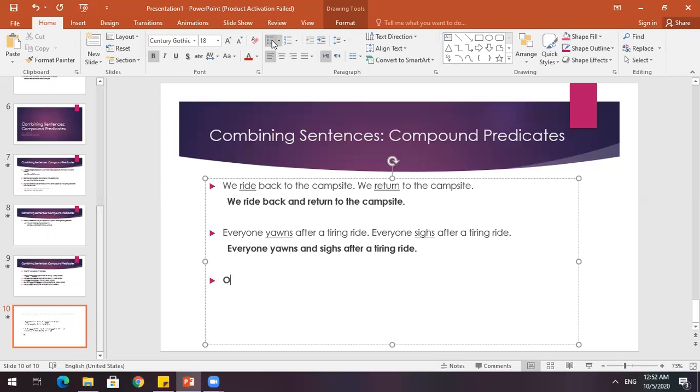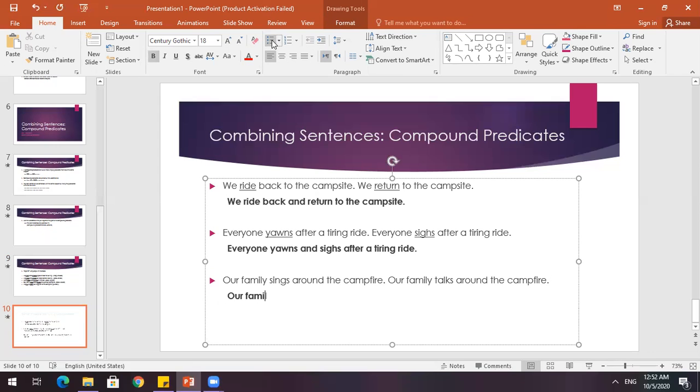Our family sings around the campfire. Our family talks around the campfire. All right, how do we combine this?